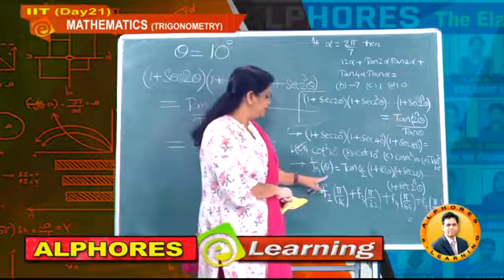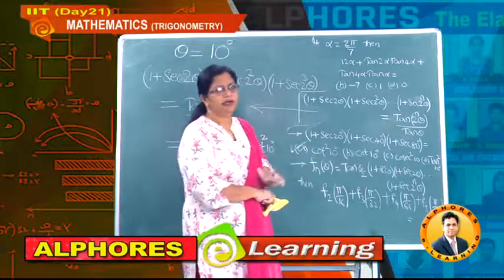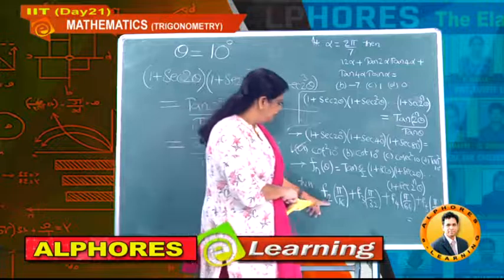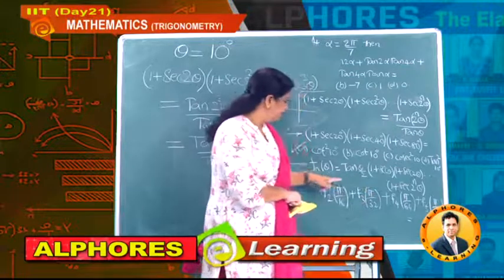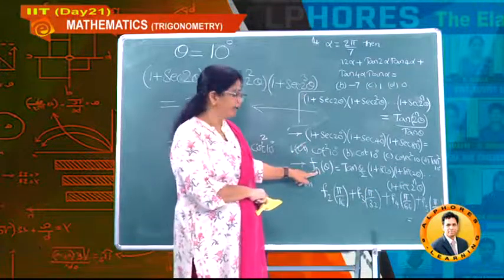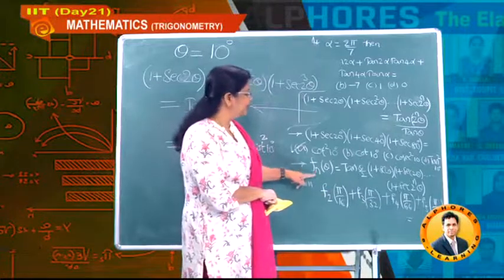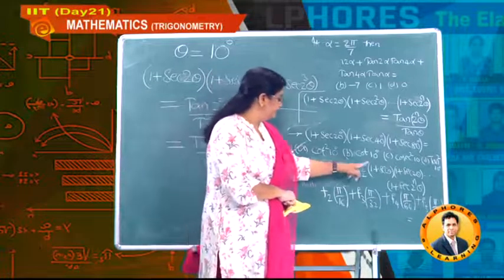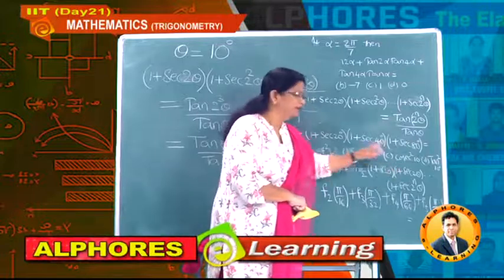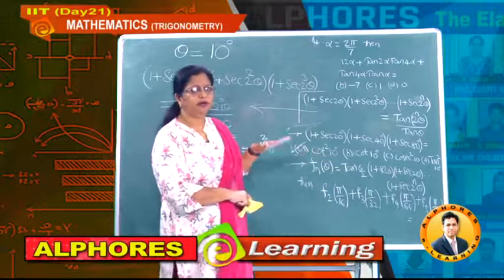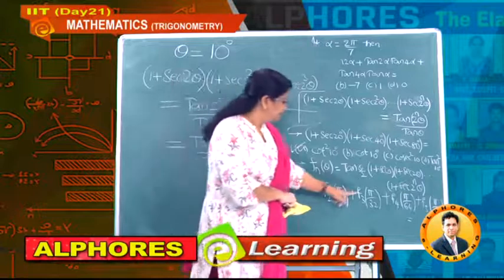Okay, students, first let us simplify the entire value, because altogether 4 values, 2, 3, 4, 5, you have to substitute for n. F2 means what is the value here? Tan theta by 2 into 1 plus secant theta into 1 plus secant 2 theta, you have to stop there. F3 means what?